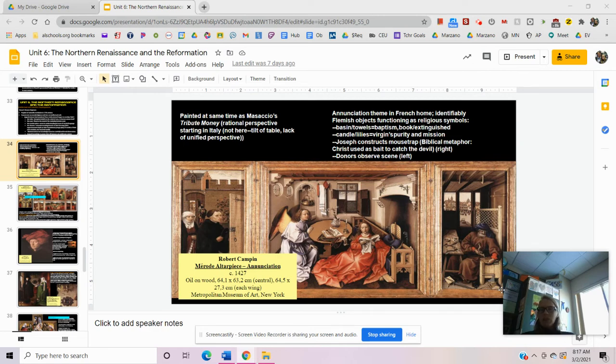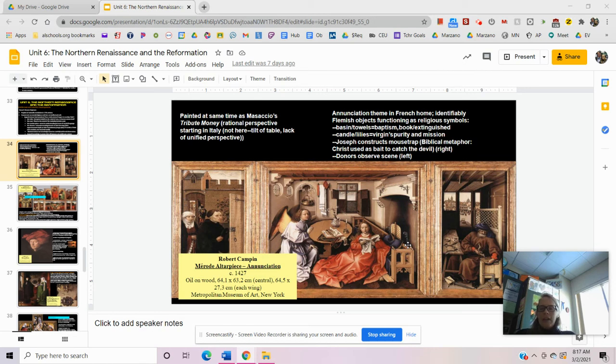And so what you're going to see now is, as you can see here, this is a clearly French home. And this is in the Flemish region, which is just further to the west of France. And so it's sort of like a Dutch French mix.